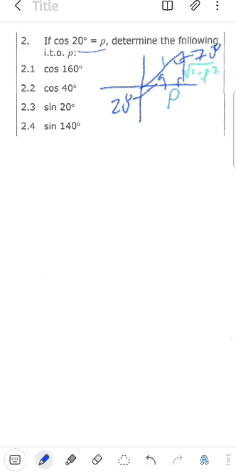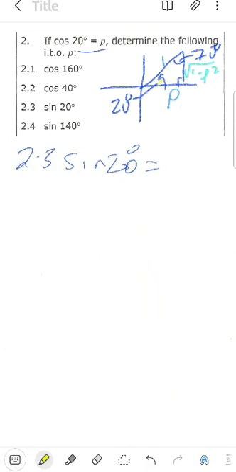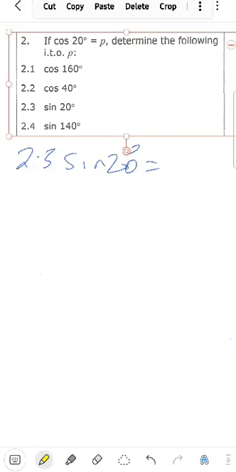Right, 2.3. Now 2.3, we are having sine of 20. So now we're saying sine of 20 degrees equals to, now because we have the diagram, we can use our diagram using 20 here.